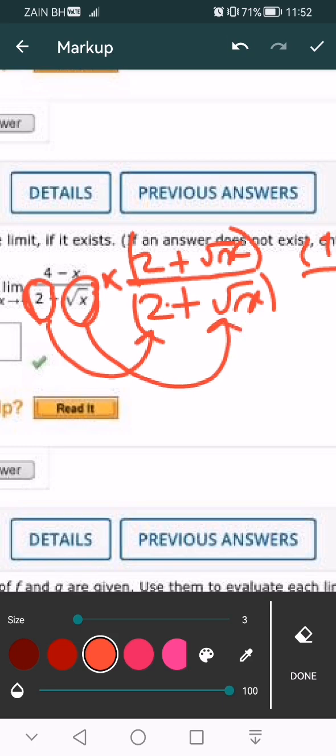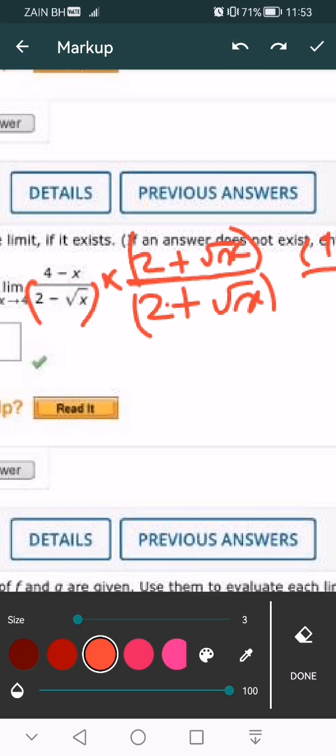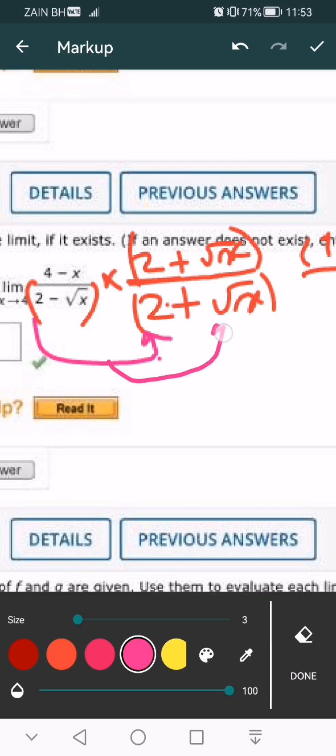Because if I do it another way, the secondary school way, I will do first by first, and then first by second, and then second by first and second by second. You will see one thing in common, which is when I multiply minus by 2, I will get minus 2 square root of x.